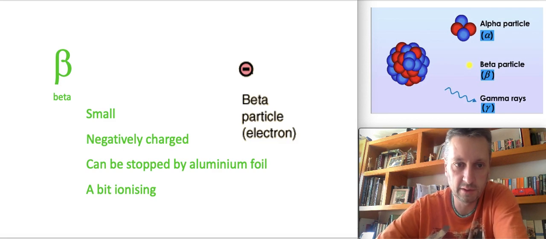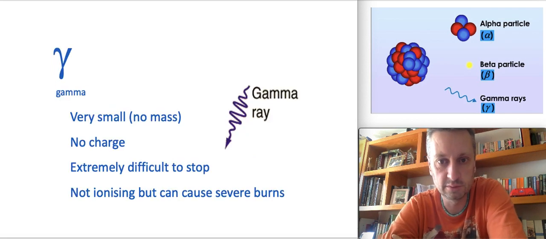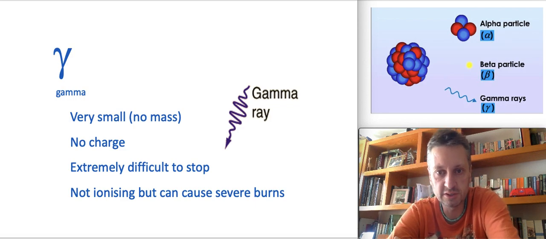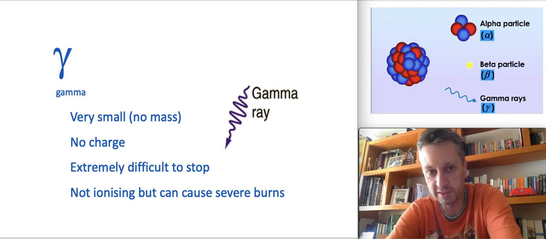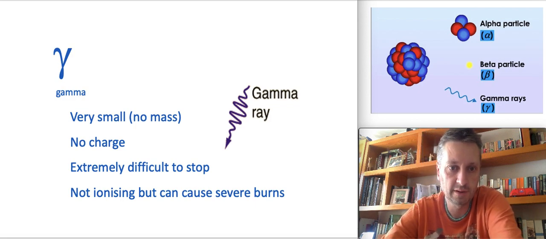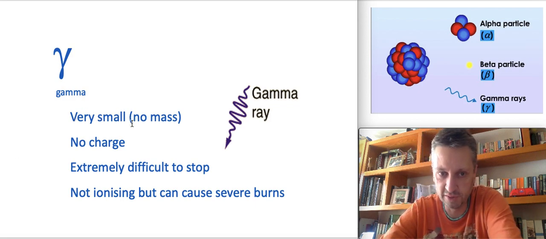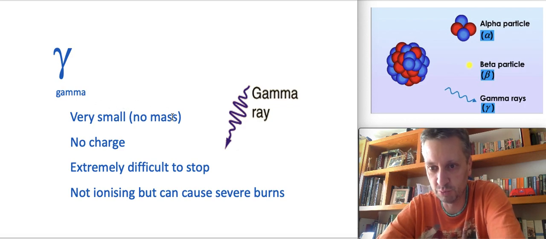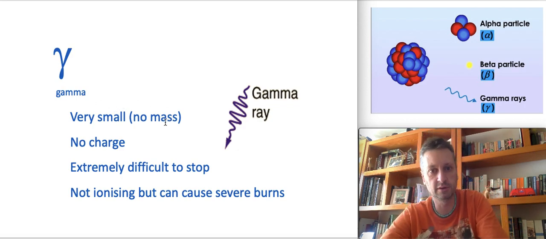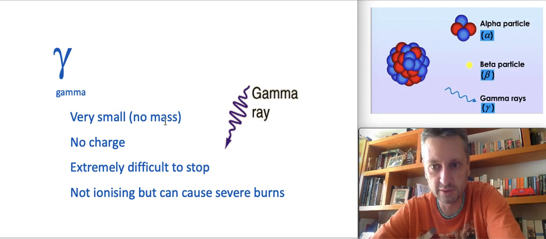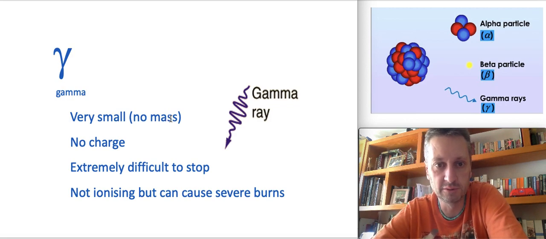Then finally, we get to gamma rays. We've already said these are not particles, that's why we're referring to them as rays or radiation. They're electromagnetic waves. Maybe I shouldn't have put that. We shouldn't really say they're small because they're not particles. They have a high frequency, they're very high frequency electromagnetic waves. Because they're waves, they have no charge.